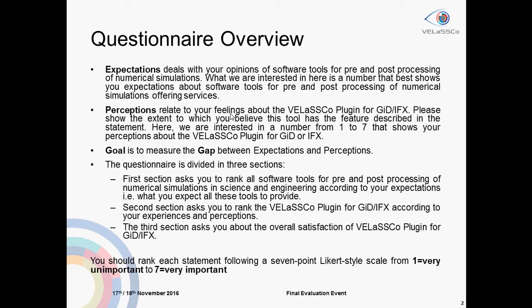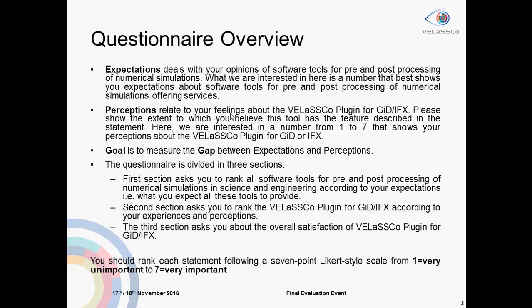The questionnaire is divided in three sections. The first section asks you to rank all software tools for pre and post processing of numerical simulation in science and engineering according to your expectations. For instance, what you expect all these tools to provide. The second section asks you to rank the VELaSSCo plugin for IFX according to your experience and perception.